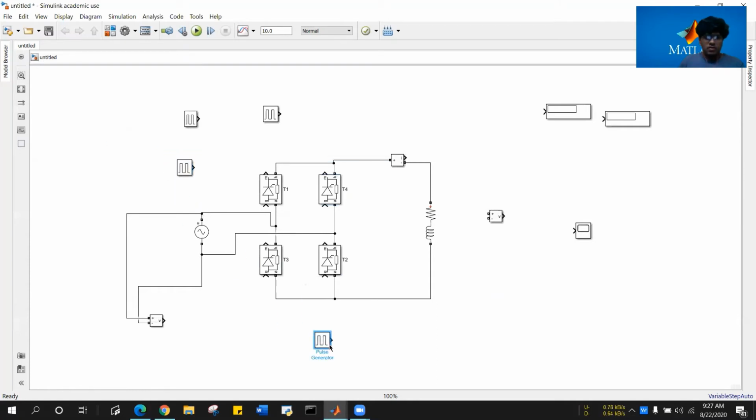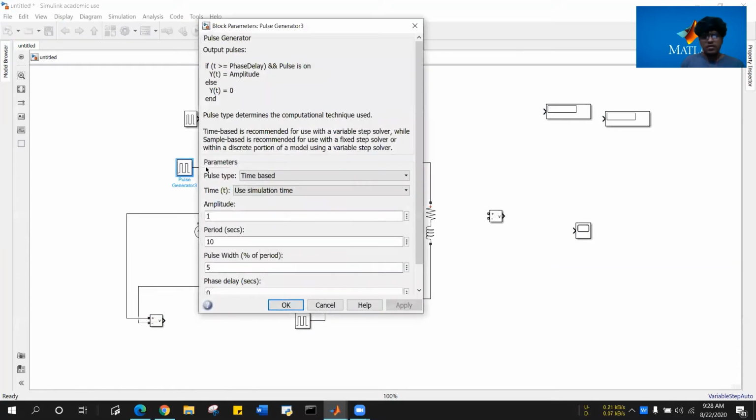For thyristor 1 and thyristor 2, I'll give a pulse, and I'll set the triggering angle.